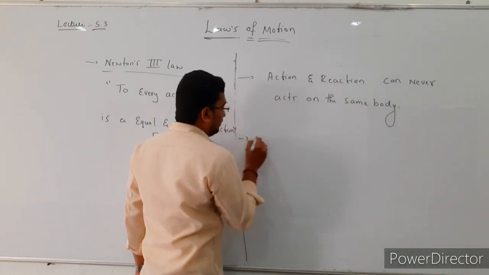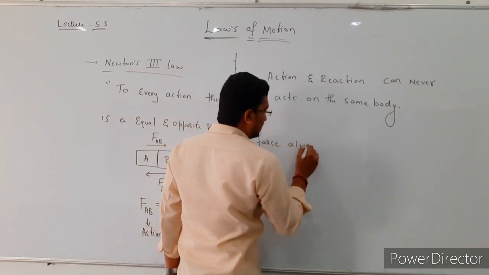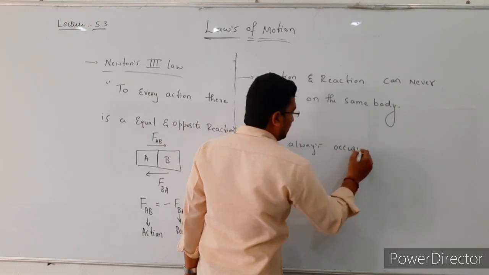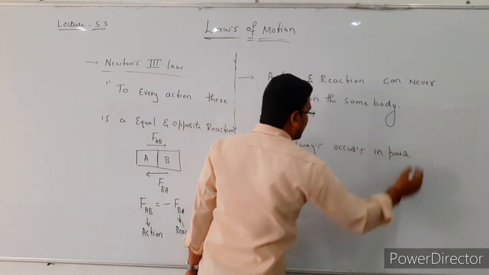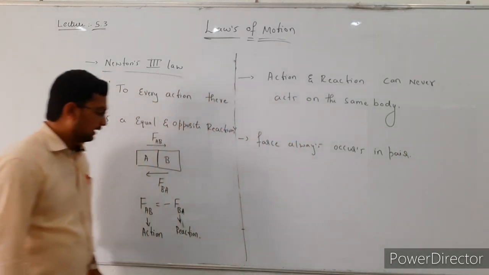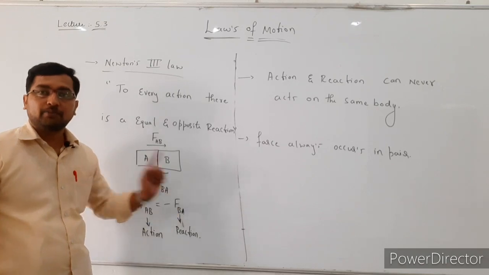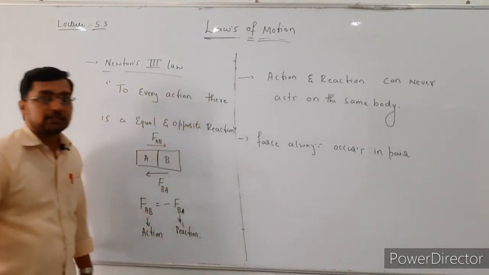The next one, force always occurs in pairs, that is action and reaction pairs, and these pairs are equal in magnitude but opposite in direction. Okay, so this is about Newton's third law.